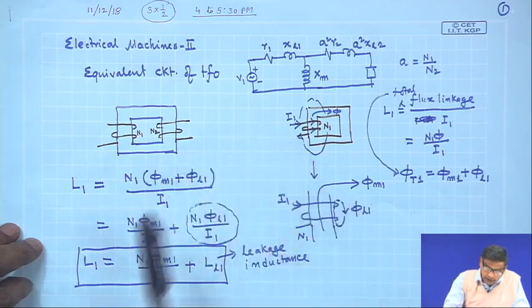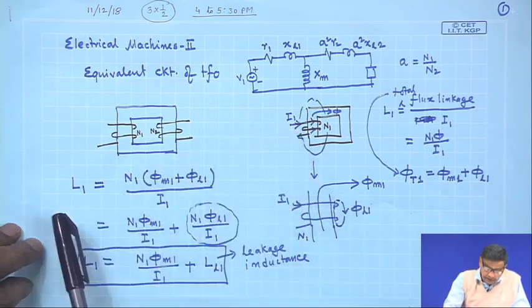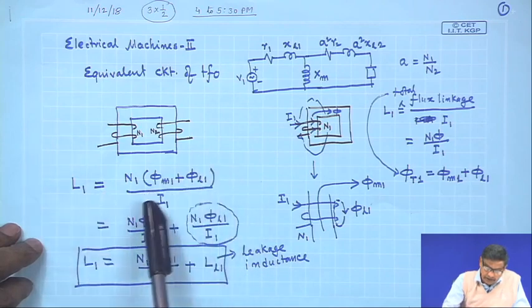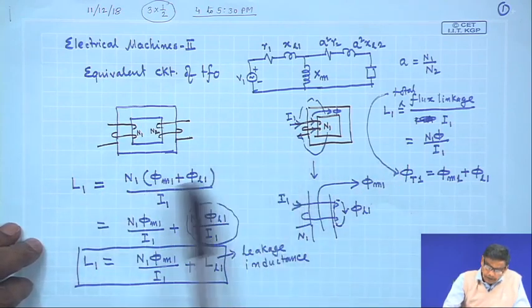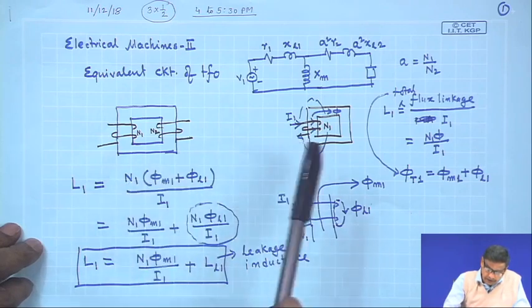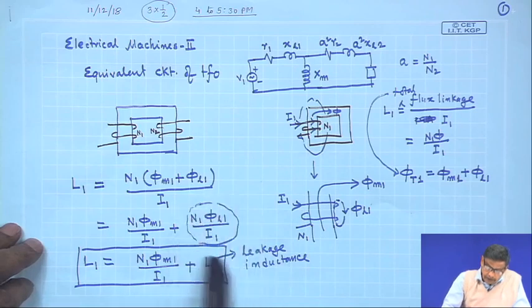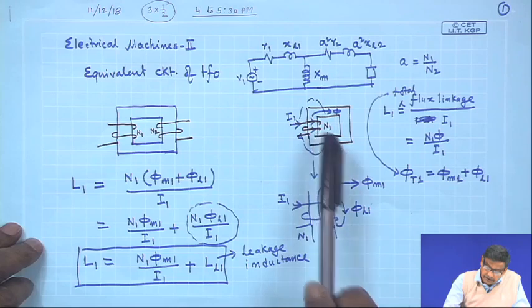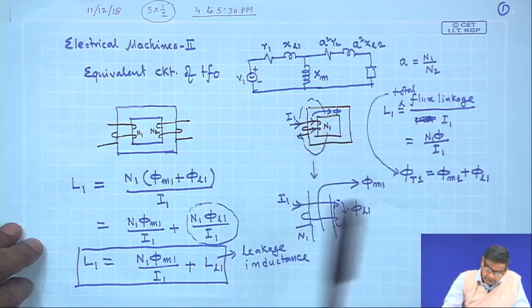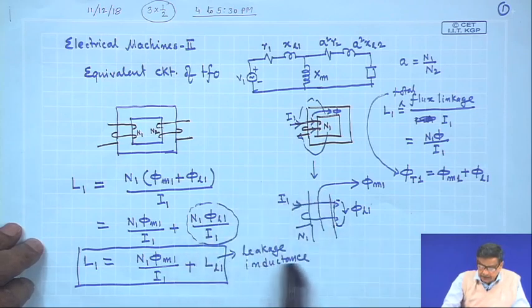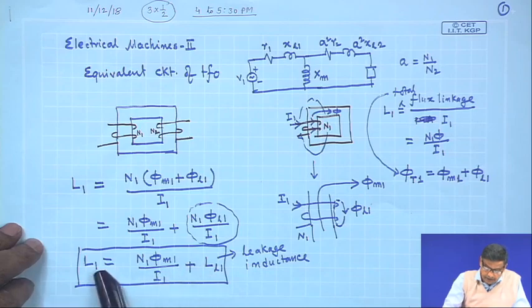Suppose coil 1 carries current I1, then inductance is defined as total flux linkage per unit ampere. So, (phi m1 plus phi L1) by I1 into N1 gives you the inductance. The part of the flux which completes its path through the air gap causes a leakage inductance, which is LL1, and this is L1.